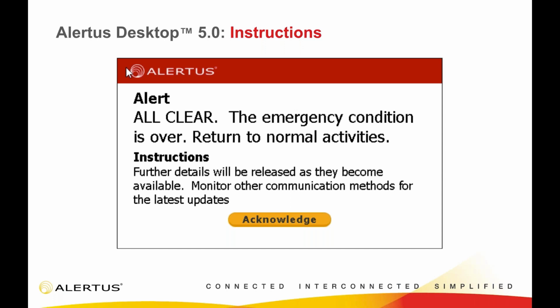This instructions template allows you to get that notification out. Like you saw, you're still going to get the alert text, so whatever you put into your preset alert to send out, but you're also going to get instructions in there as well. So if you have to attempt to move staff around, move students around, this is a great way to do that, and it's actually all going to be pushed out to the computers that are obviously connected to this system.